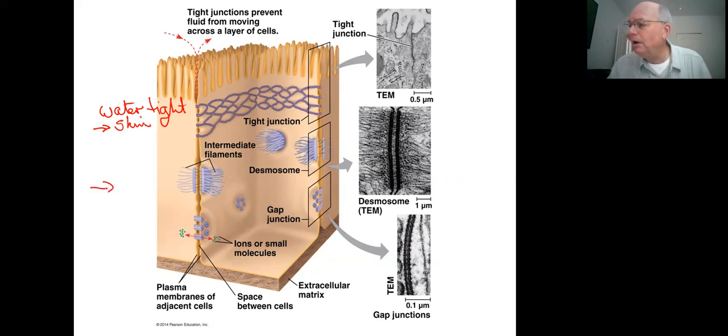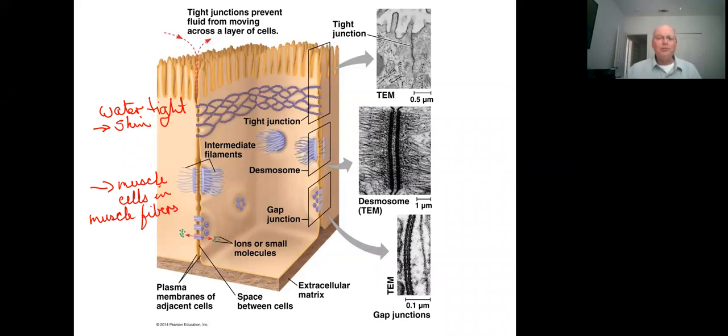An example of desmosomes is the links between muscle cells. So these are very, very strong connections, but they are not permanent. They can be broken.